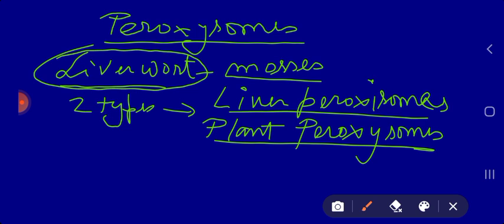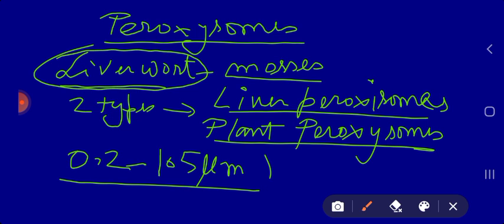More to go about the peroxisomes. Peroxisomes are circular. They have a diameter between 0.2 to 1.5 micrometer, and they have a membrane of lipid and protein molecules which enclose their granular matrix. Just like glyoxysomes, they also have a membrane.